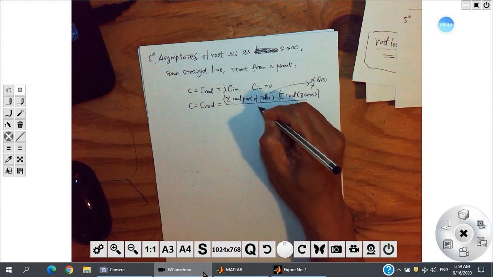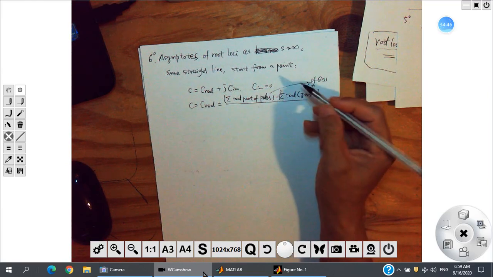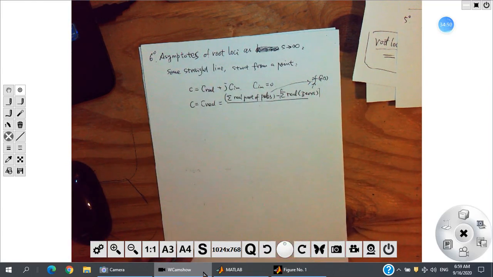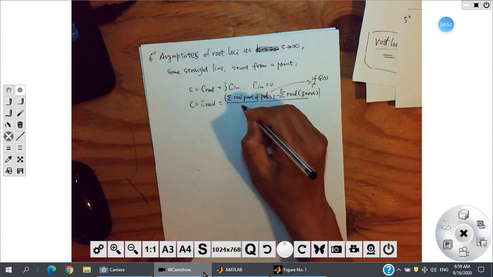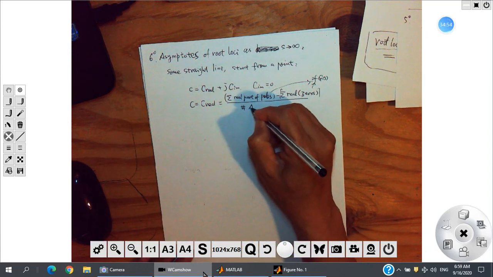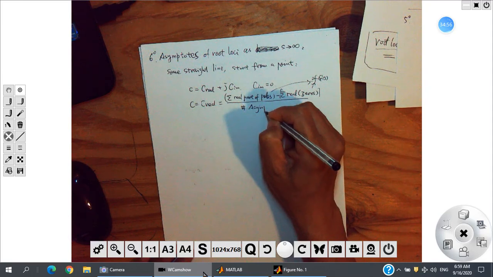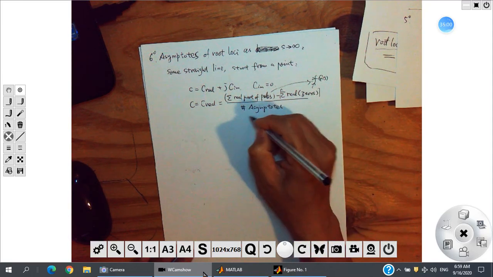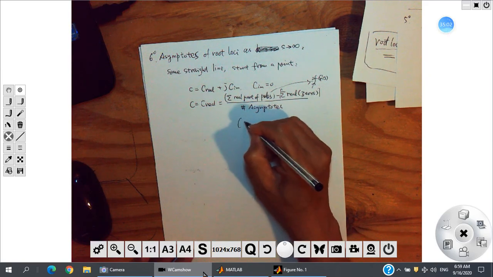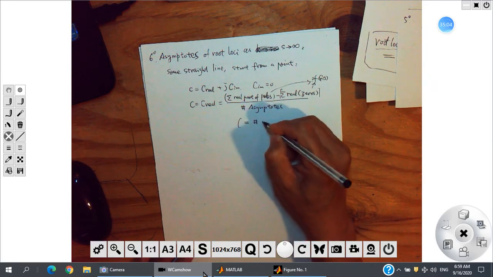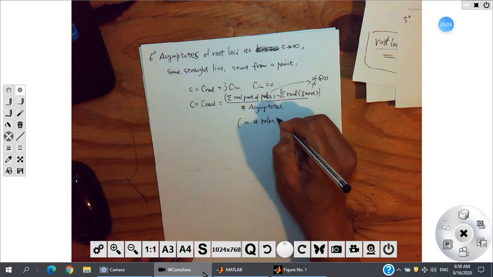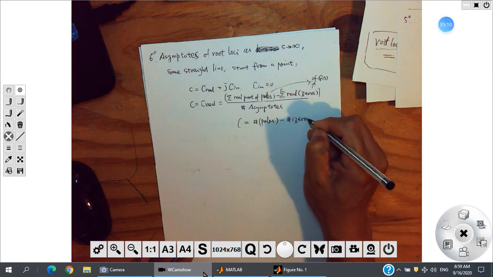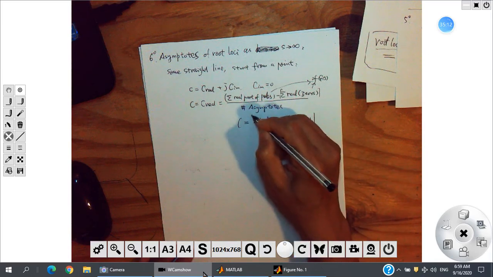And divided by the number of asymptotes. Actually, this one is equal to the number of poles minus the number of zeros, and take the absolute value.